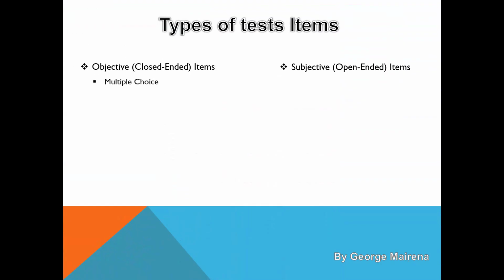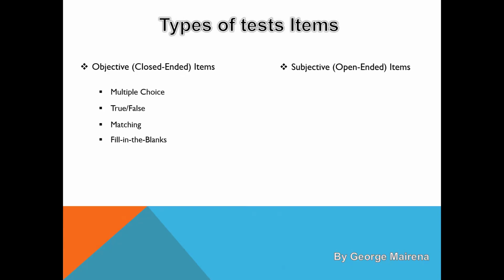Let's see some examples for objective or closed-ended items. We got multiple choice, where we got some questions, some statements, and three or four possible answers, and we need to circle or underline the answer that we consider is the most suitable for each statement, right?